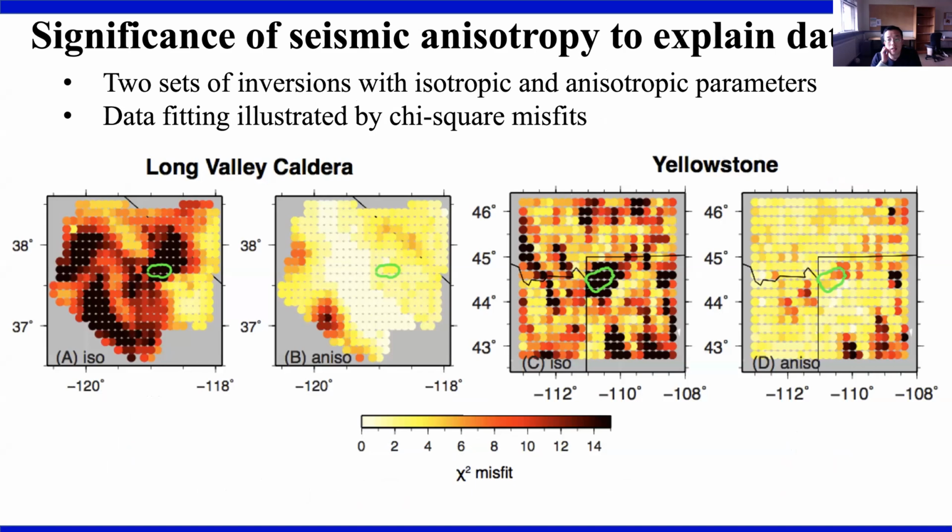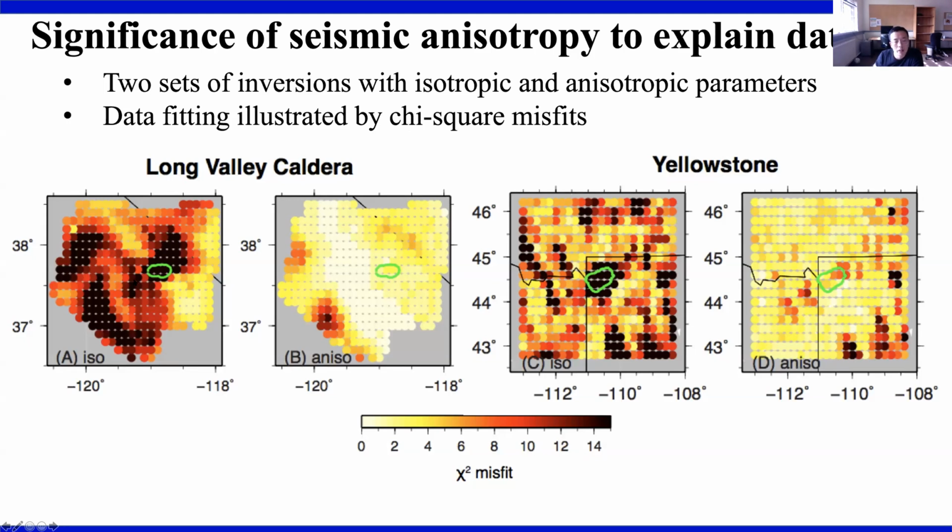One question we want to ask in this study is how significant the seismic anisotropy is in these two regions. To answer that, we did two sets of inversions, with purely isotropic and with anisotropic parameters. On the left, you see the isotropic velocity. Whether the data need the anisotropy or not is illustrated by the misfit, the chi-square misfit in this case.